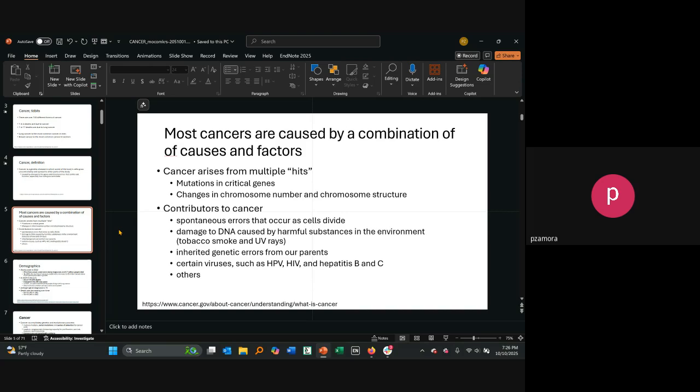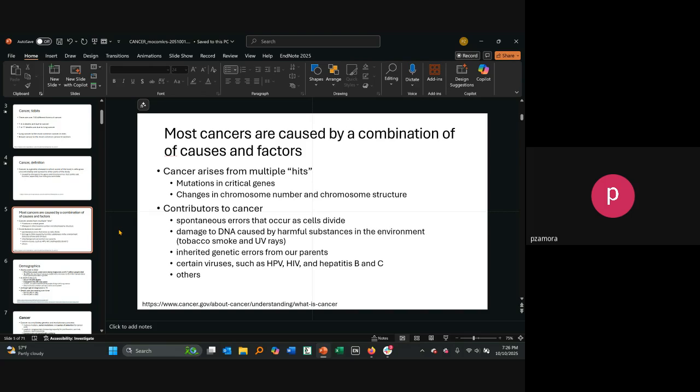There's a number of things that can make major contributions to cancer, including certain viruses like the HPV virus, the HIV virus, and hepatitis A, B, and C in particular. And there's a lot of other things that contribute but do not necessarily cause cancer. These can include things like hormonal imbalance.